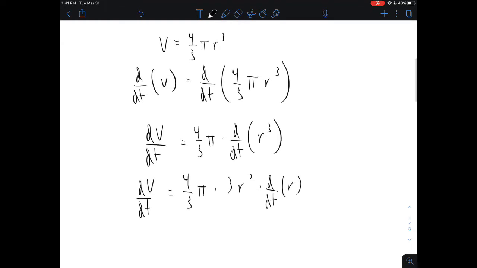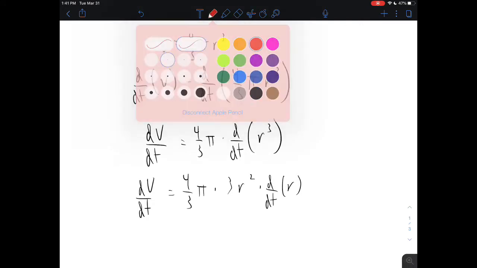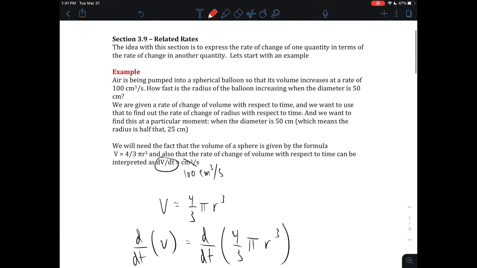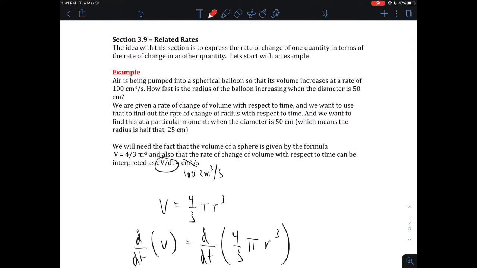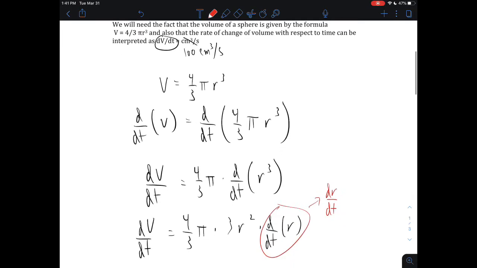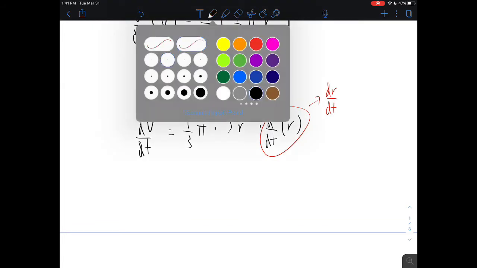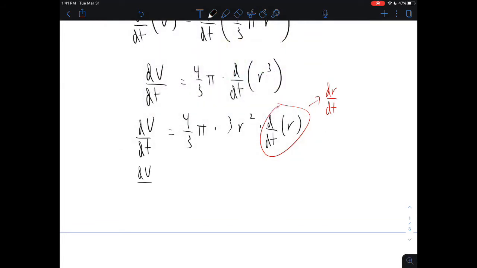And what I just wrote, the derivative with respect to t of r, that is just dr/dt, which is the rate of change of the radius with respect to time, which is what we want to find. So, let's simplify what we have. dV/dt equals 4/3 pi times 3r squared.